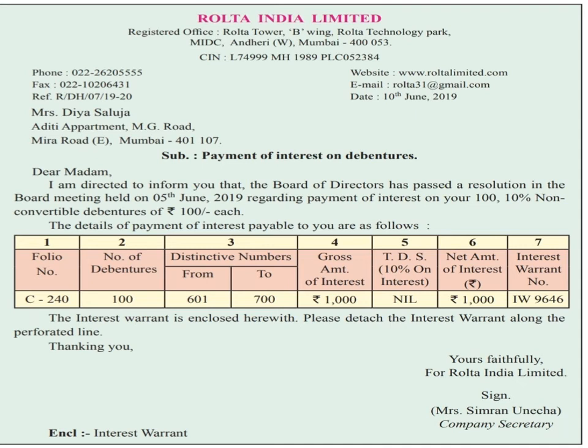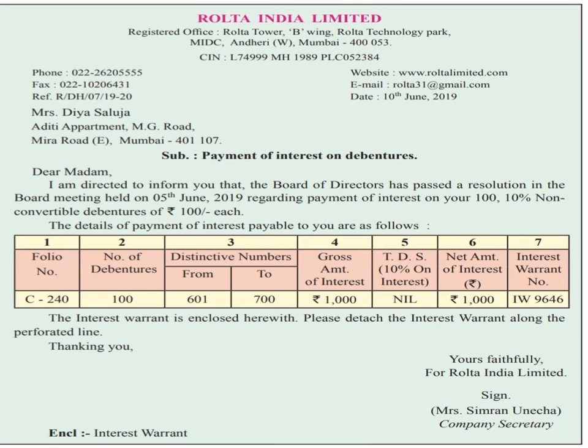In the fifth box, TDS. The full form of TDS is tax deducted at source. That is 10% on interest. It is nil, that is nothing has been paid. The sixth box contains the net amount, the total amount of interest after deducting the tax.